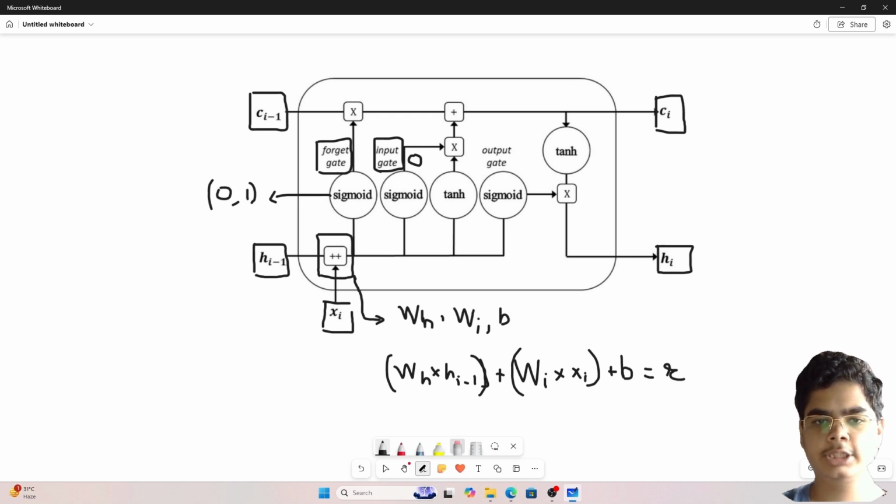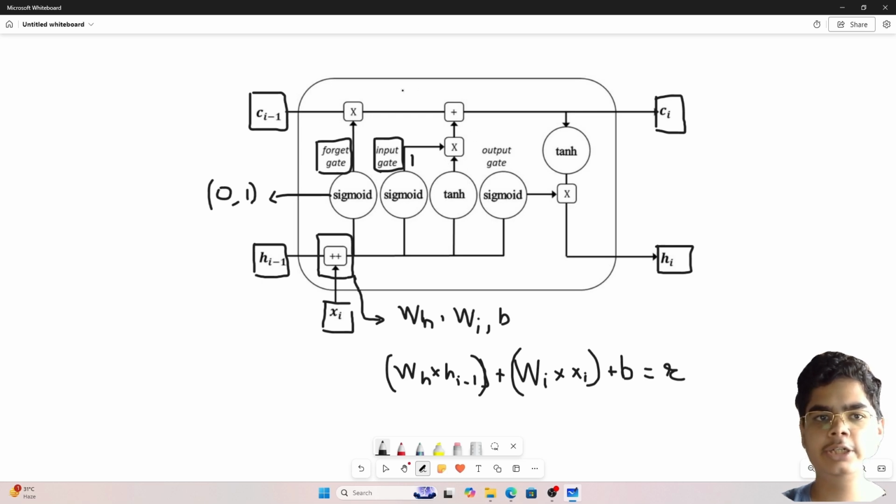Now let us take another case where the sigmoid function is outputting a value which is really close to 1 instead of 0, and it is so close to 1 that it is again safe to assume that the output of sigmoid function is actually 1. So now if we multiply 1 with the output of tan h, then obviously we will get the output of tan h as a result after the multiplication.